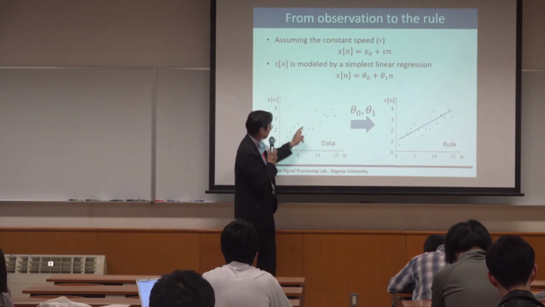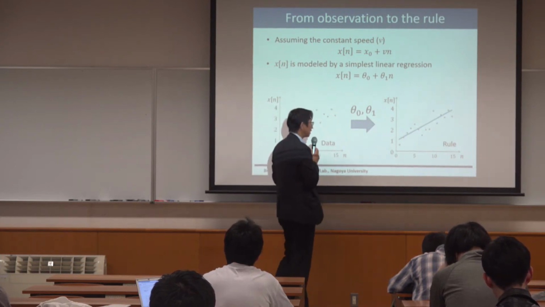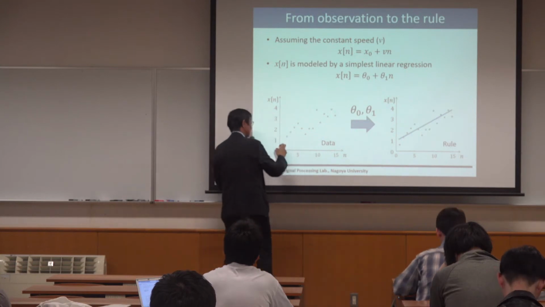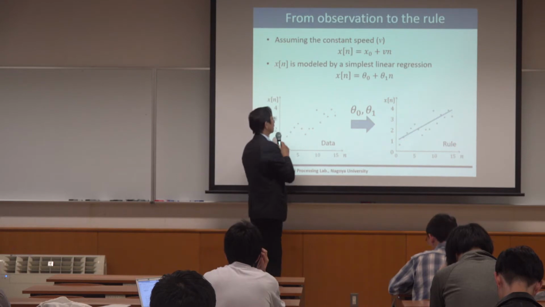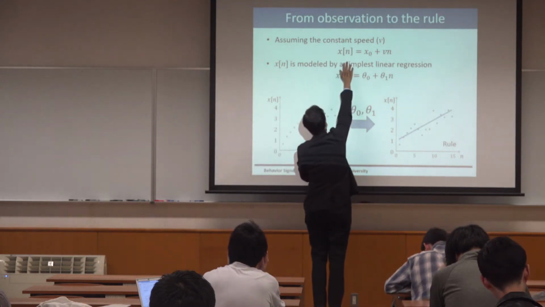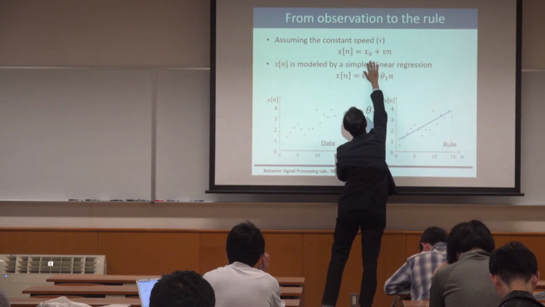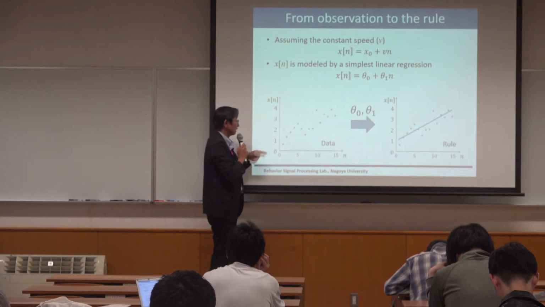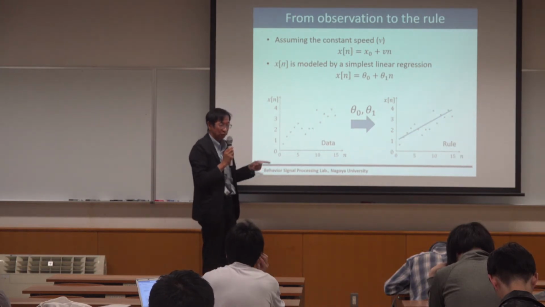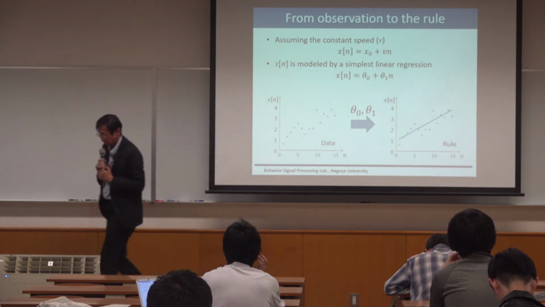So if you see this, and suppose that you don't know what is happening physically, you may hypothesize that the displacement at the end time point should be given like this, which is x0 plus v times n. In this case, v is the speed of the constant moving, right? That is not so difficult.